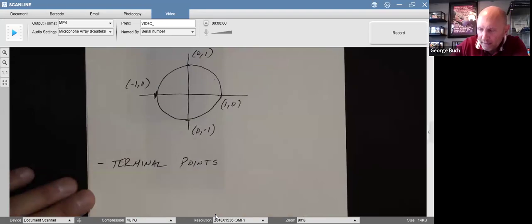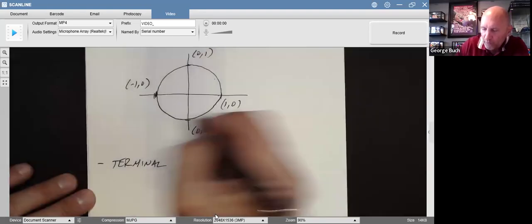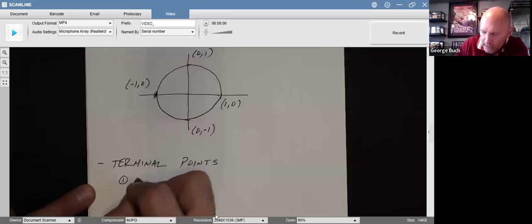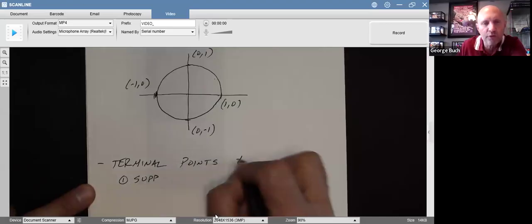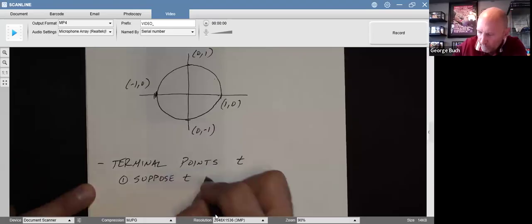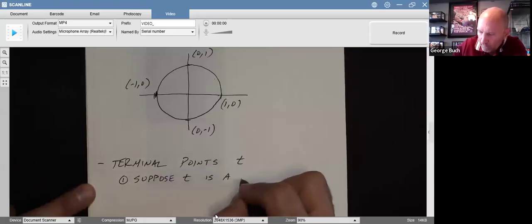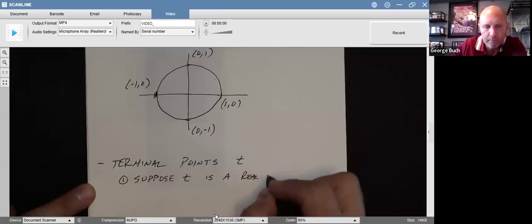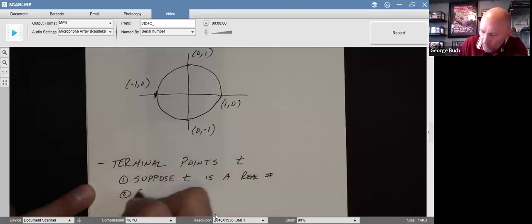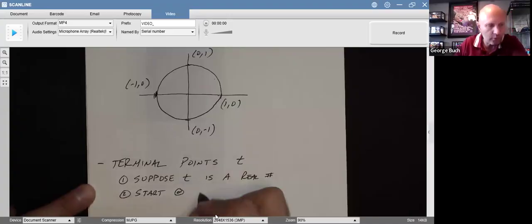To find any terminal point around this circle, we do the following. First, suppose t, it has this notation of t, is a real number. We're going to start always at 1, 0.